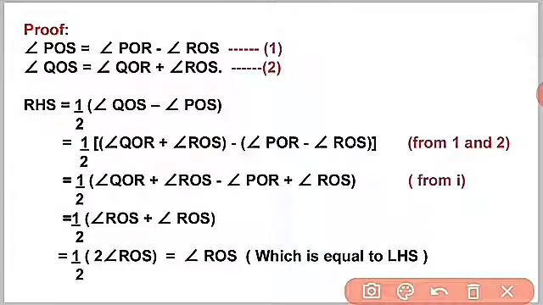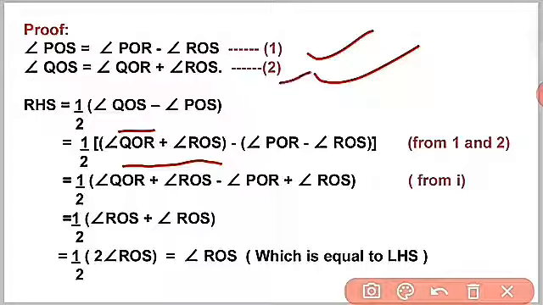See, we get these two equations. So we know the value of angle POS and angle QOS. We will substitute these values in the RHS part. Here I am substituting the value for QOS from 2 and the value for POS from 1. When I open the bracket, I get angle QOR plus angle ROS minus angle POR, and minus will be plus.